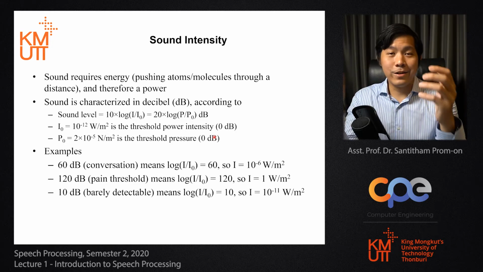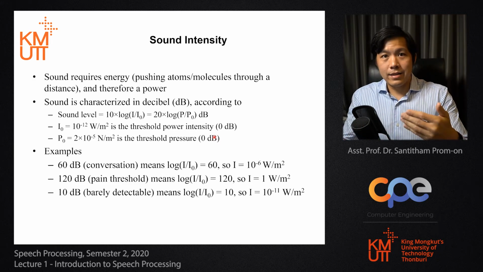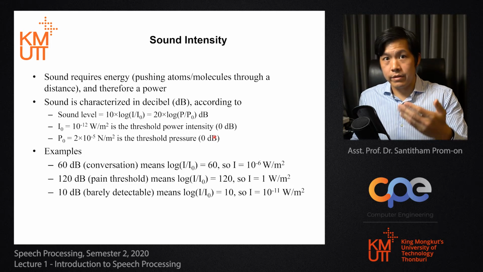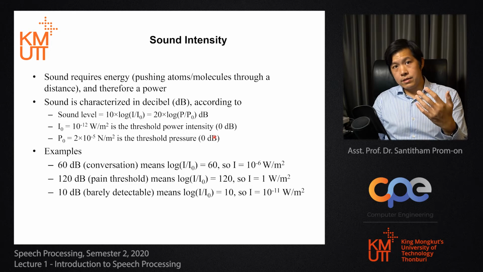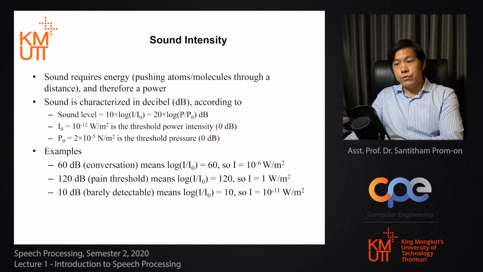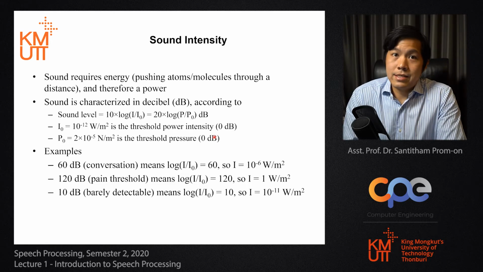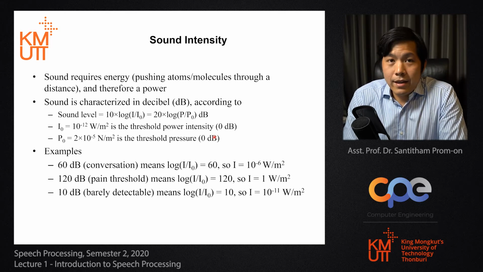There's a rule of thumb in audio engineering: suppose I speak close to the mic like this. If I move away from the mic to twice the distance, then I will reduce the loudness by 6 decibels. But never mind.